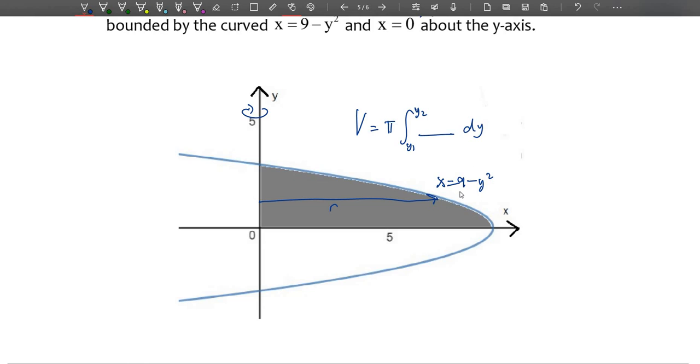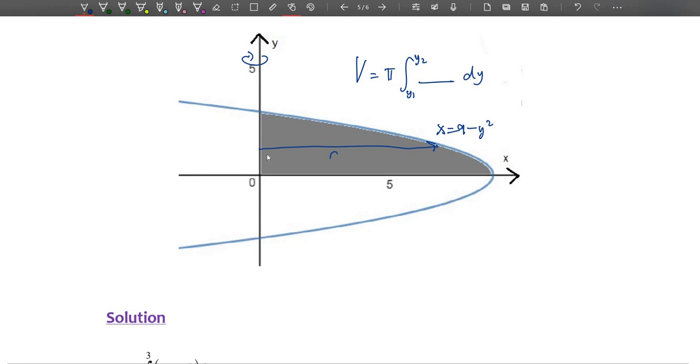Since we rotate about the y-axis, we have the curve x equal to 9 minus y squared as our r. The distance of the radius should be right minus left, so the right is the function 9 minus y squared minus 0. That's why r is equal to 9 minus y squared.